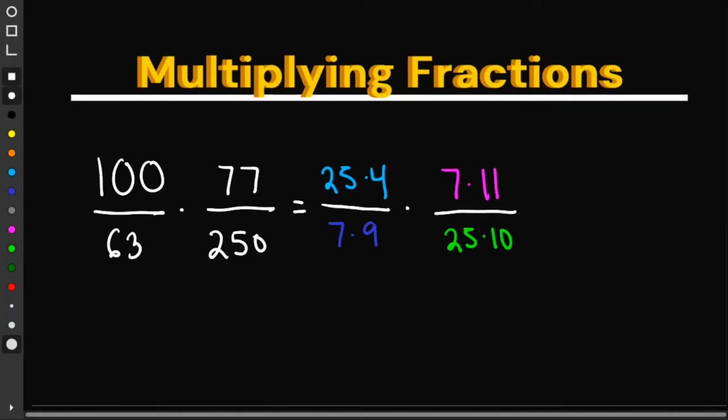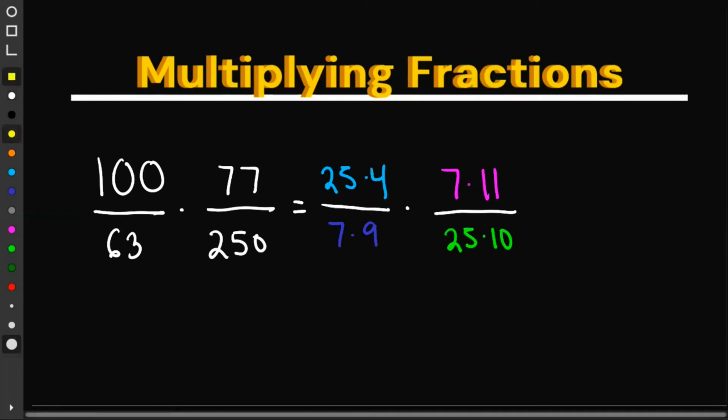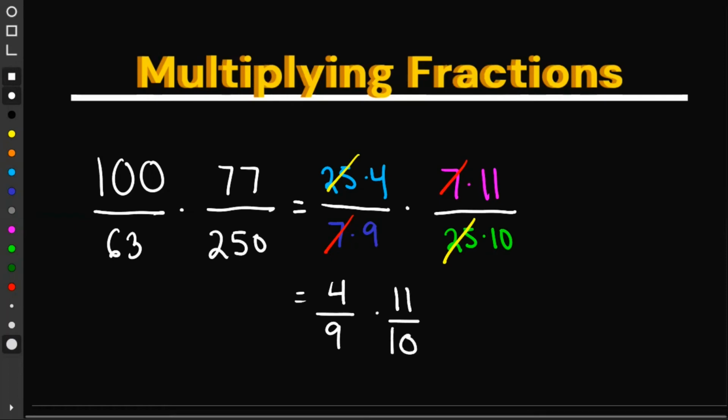So from here, we can actually cancel out similar terms. From the numerator, we have 25 over here and 25 over there. We also have 7 out here and 7 out there. So this would give us 4 over 9 times 11 over 10.